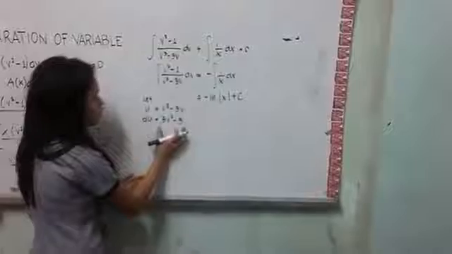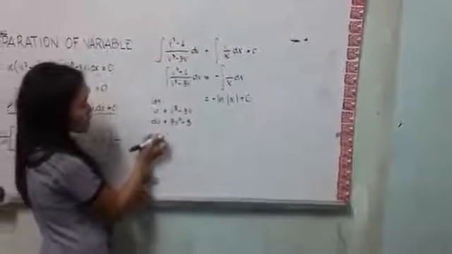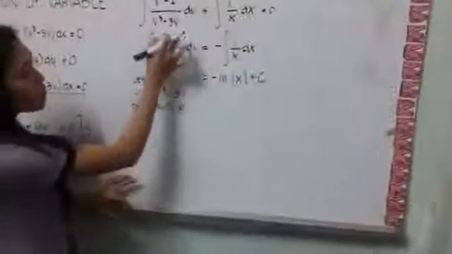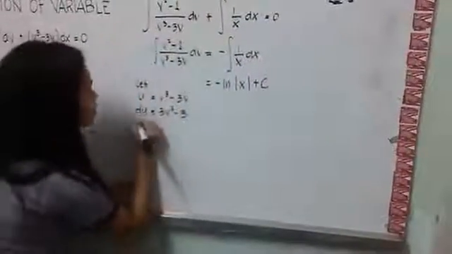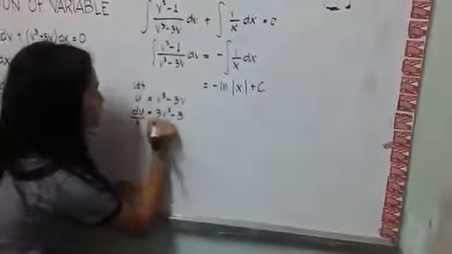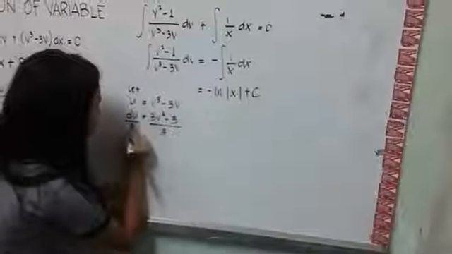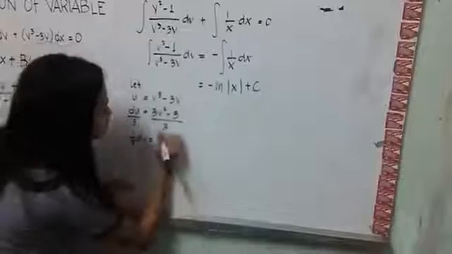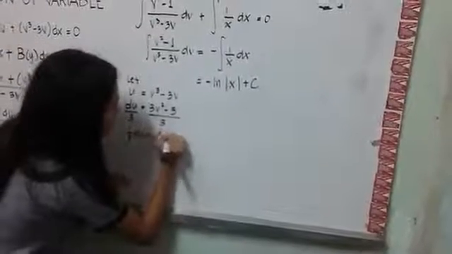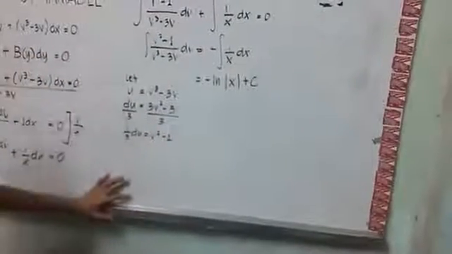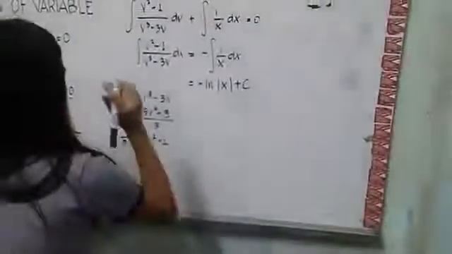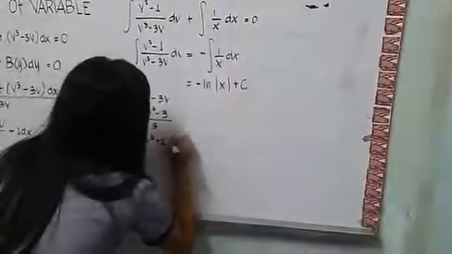So we will divide both sides by 3, so we can get the derivative of the v squared minus 1 here. So 1/3 du is equivalent to v squared minus 1. So here it is. So we can transpose this into this.